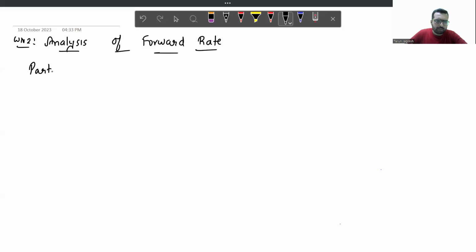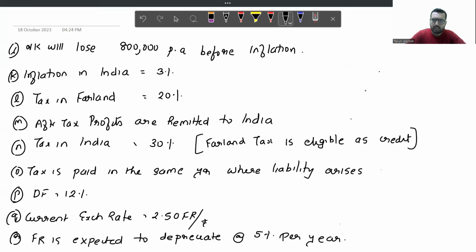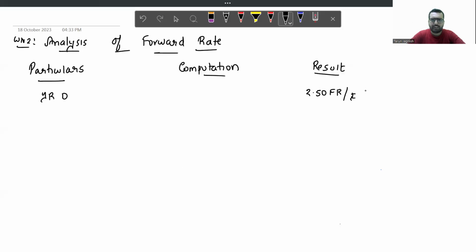So I'll draw a table: particulars, computation, and the last column heading is result. Now year 0, what is the exchange rate they have told? It is 2.5 FR per rupee. Now they have told FR is going to depreciate, so friends, we have to be very careful of how we do that. I will write the other way also, rupee per FR. What is 1 divided by 2.5?